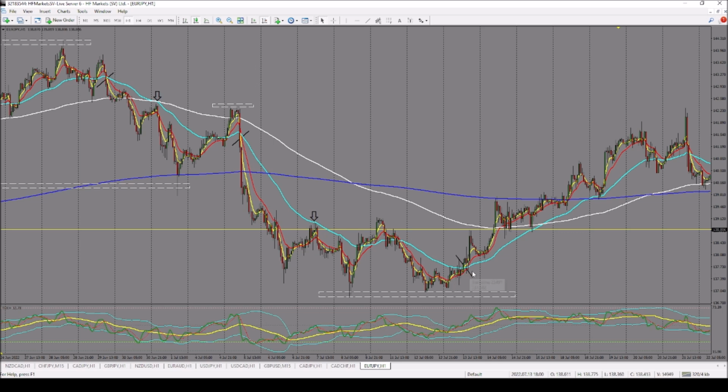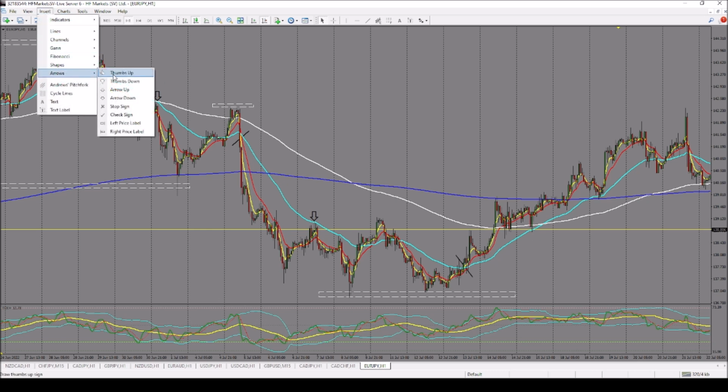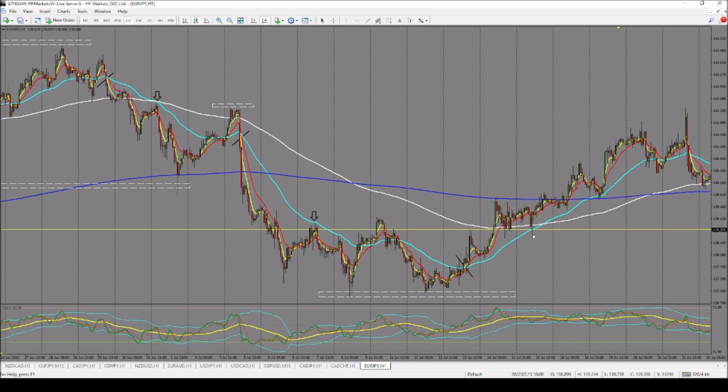Then from that, we had this attempted rejection. We could enter at this point, or we could wait to see a proper 50 EMA rejection, which is this one. So it was a very good trade that played out very well.